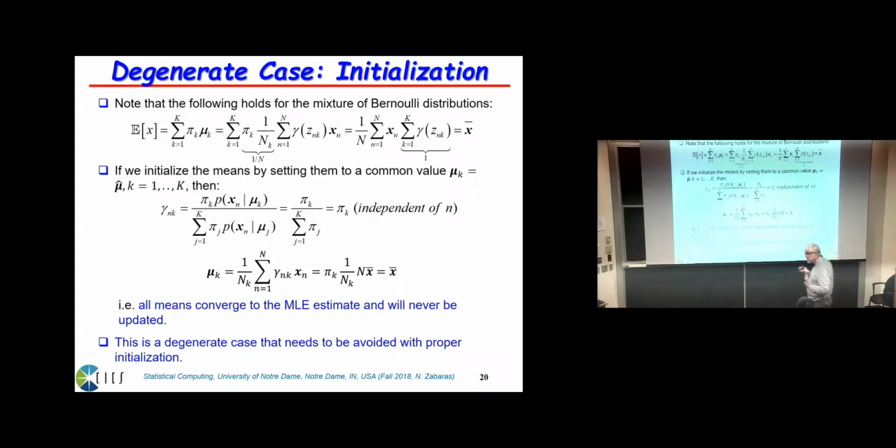So if you start with this pathology, saying okay, I don't know anything, take them all to have the same value, then they will keep having the same value in the algorithm. So you need to be sure that the initialization is different, so you can avoid this degeneracy. The calculation is simple: if you plug it into the updates, you realize that mu_k is not updated.